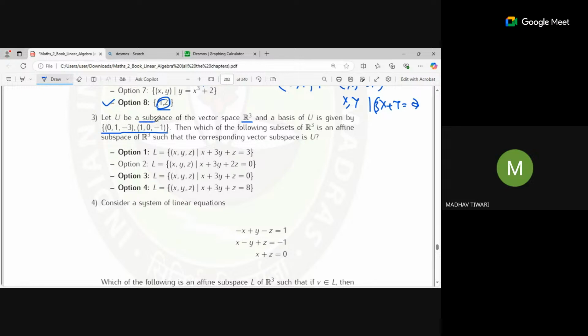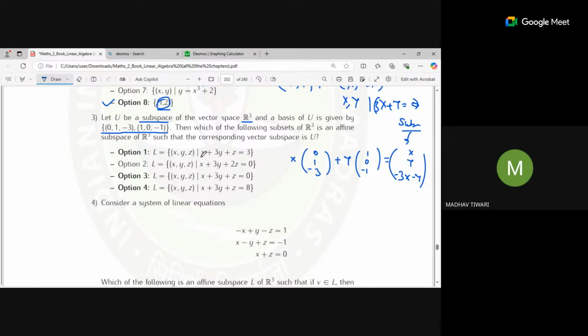This subspace will be formed when I take the linear combination of these two vectors. Means x times the first vector plus y times the second vector. So all the points of the form (x, y, -3x - y) will be inside my subspace, right? And I can translate it to any part.